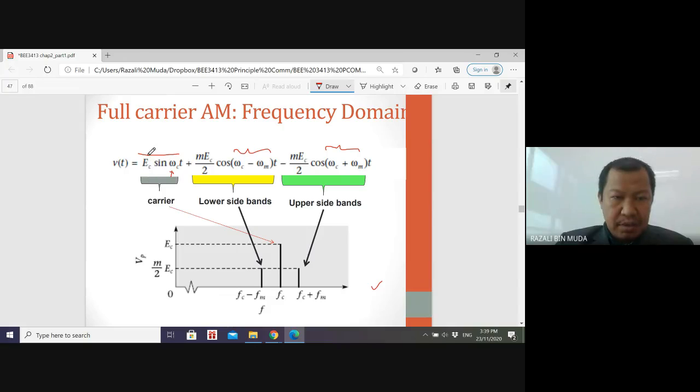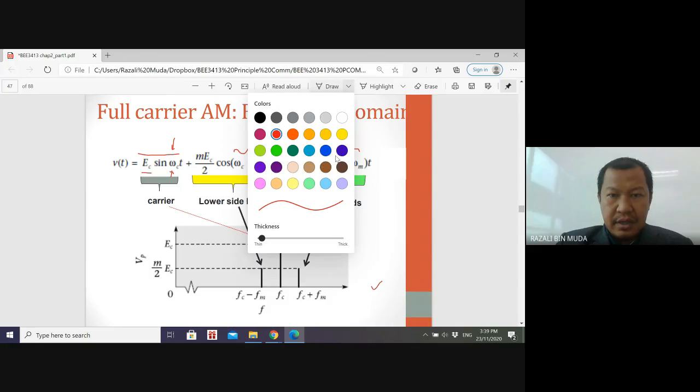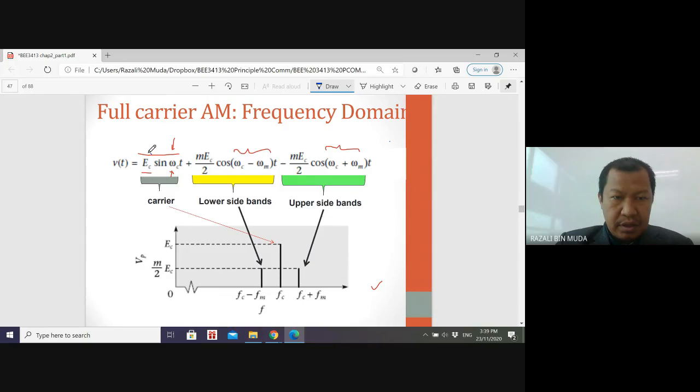Okay, so the amplitude for the first part is Ec, and the frequency is omega c.